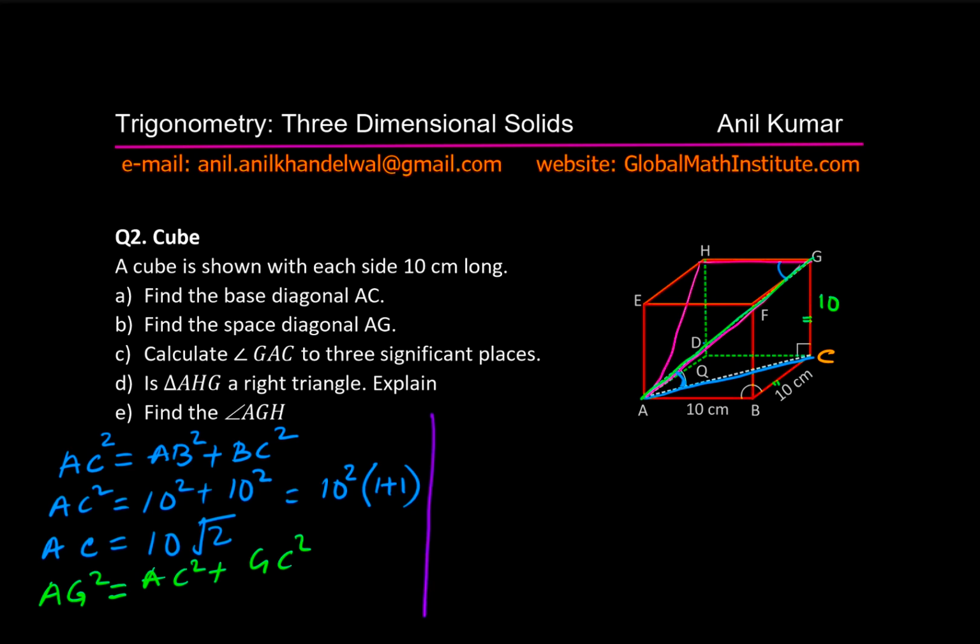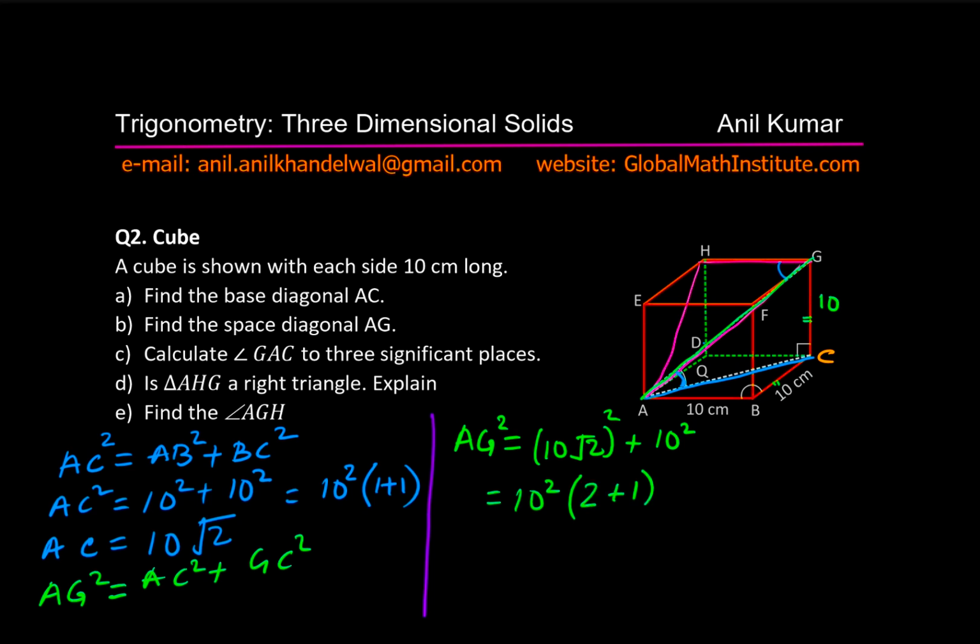So let's write down AG. So AG square is equal to AC square, which is 10 square root 2 whole square, plus GC square, which is 10 square. And clearly, you can take 10 square common again. See the beauty of taking 10 square common. And then you get 2 plus 1, right?